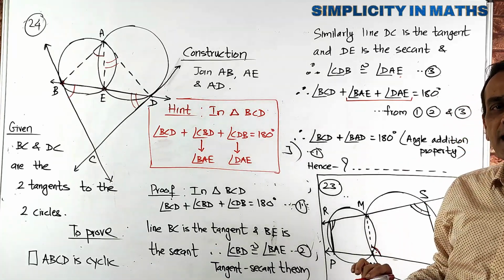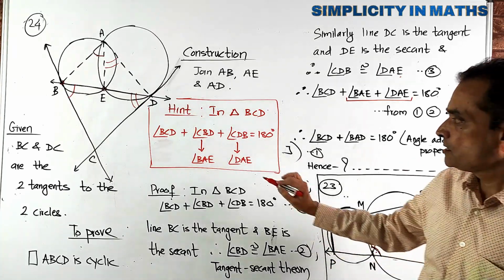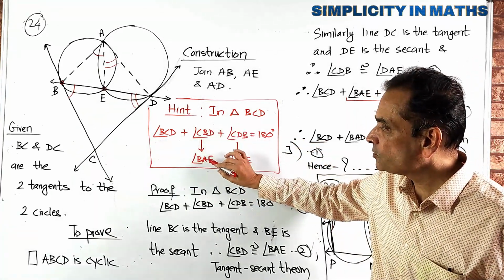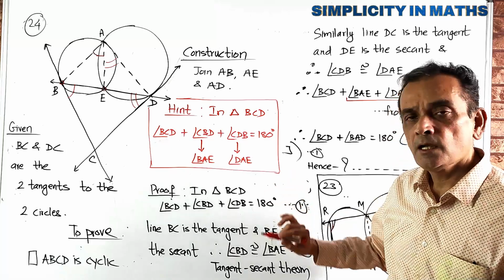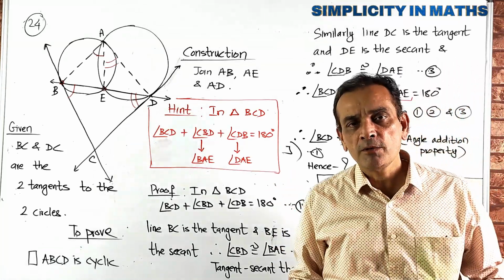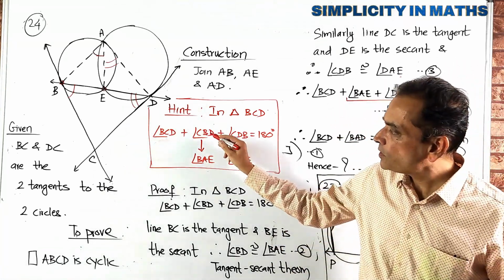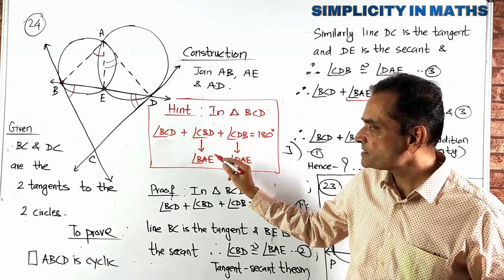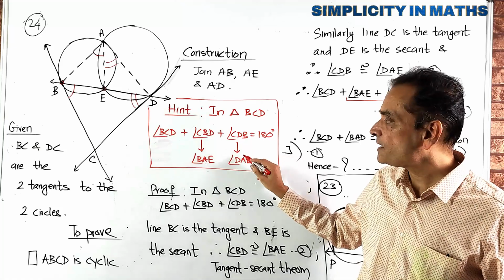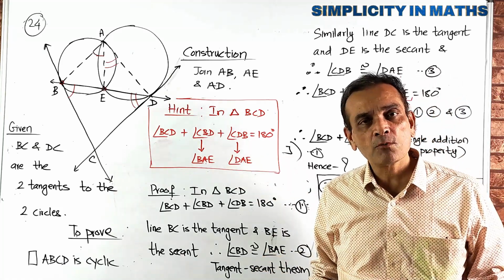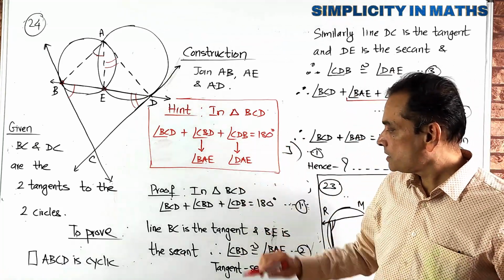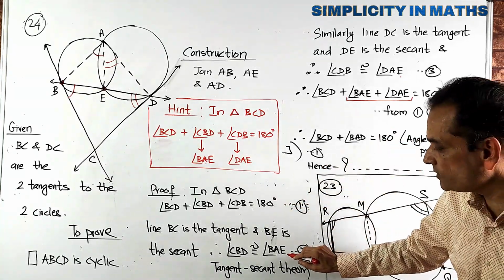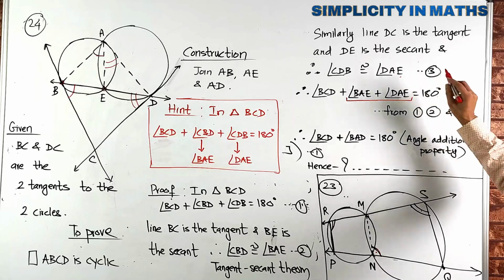so we have gone exactly according to the hint. The sum of three angles is 180. We have shown this equal to this equal to this by the tangent secant theorem. Now what should we do? Replace these in the equation. Instead of this I can write this, because we have shown them congruent. So in equation 1, I will substitute these values from equations 2 and 3.